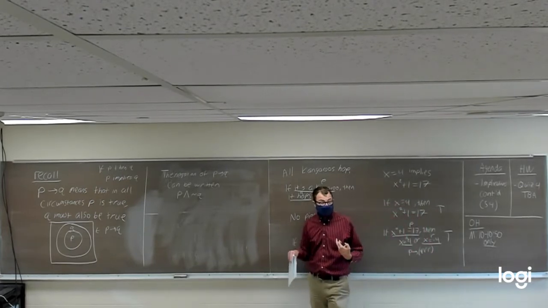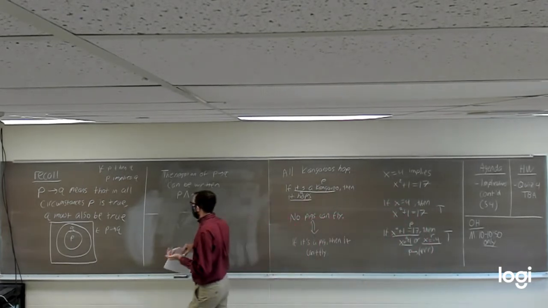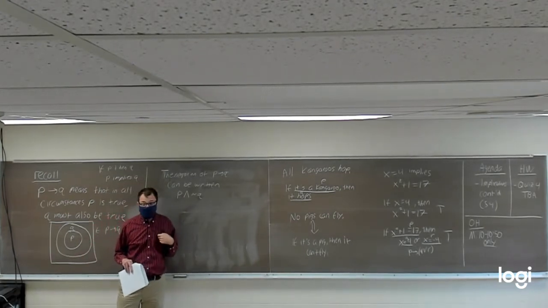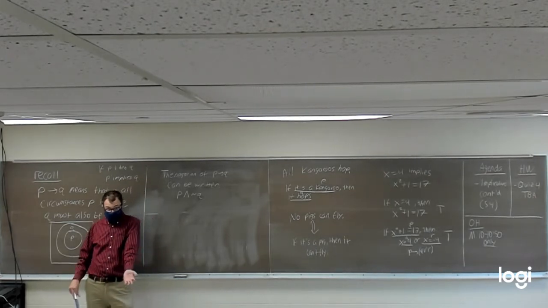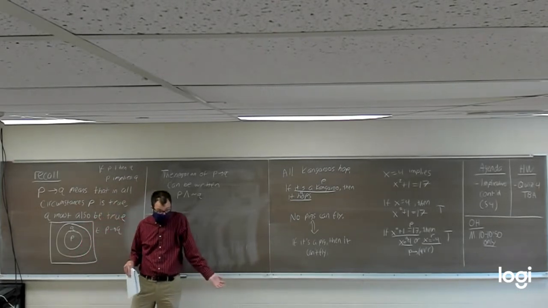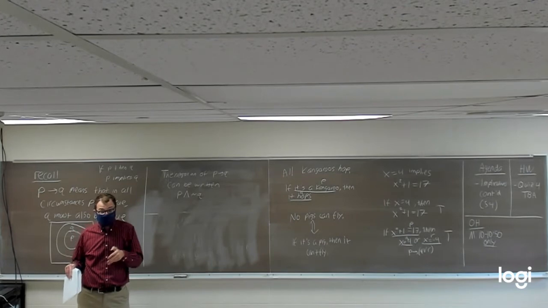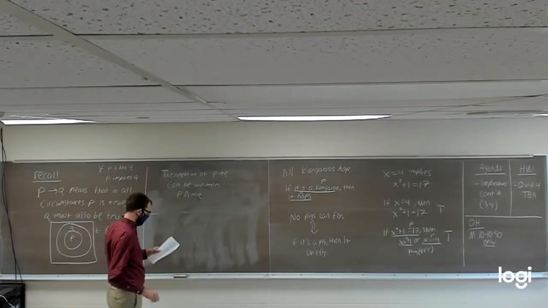And so the way you would negate this implication, if you win, then you get ice cream, was to be in scenario number 2, the scenario where you win and you don't get ice cream. P happens, P is true, but Q is false.